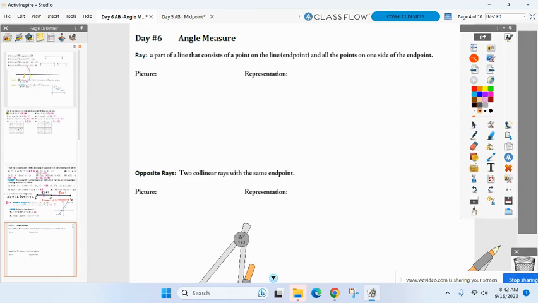It's an endpoint that goes on infinitely in one direction. So draw yourself an endpoint, and then it looks like part of a line going off infinitely in one direction. Let's label that endpoint A, and let's put B and C on my ray.